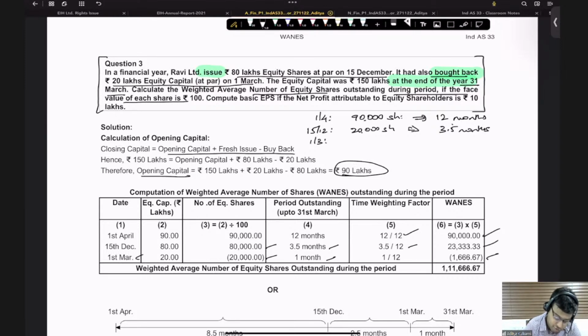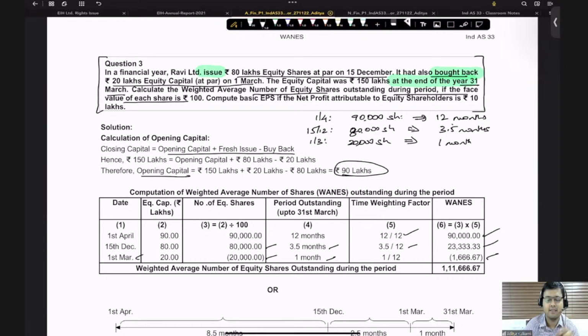So on 1st March, how many shares am I buying back? One second, one second. 80 lakh. This is 80,000. Sorry, my bad. It bought back 20,000 shares. Now, it bought back 20,000 shares means what? These 20,000 shares were not in existence for a period of 1 month.